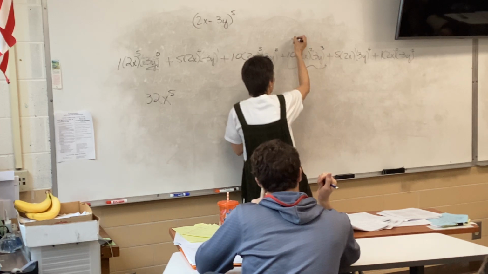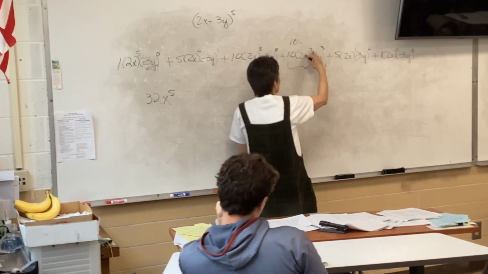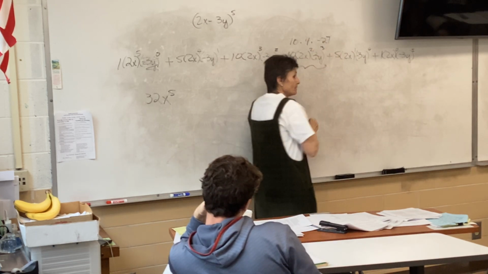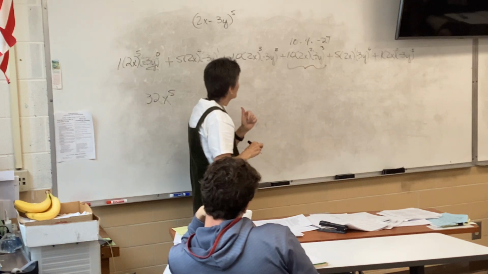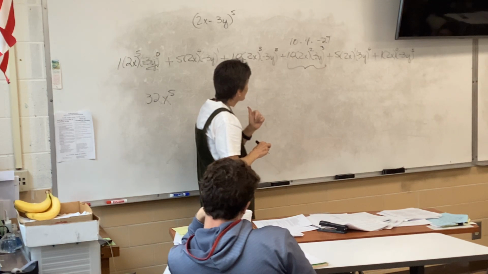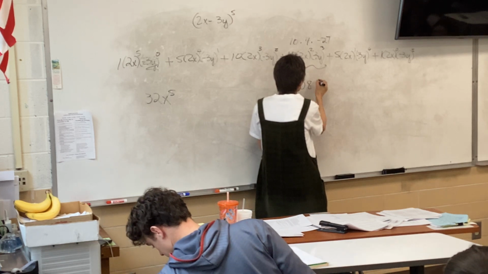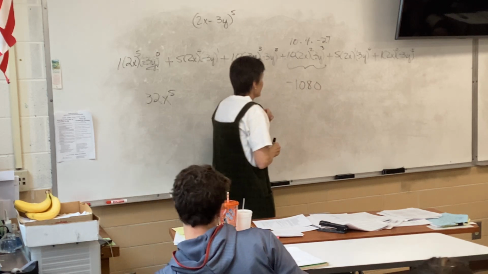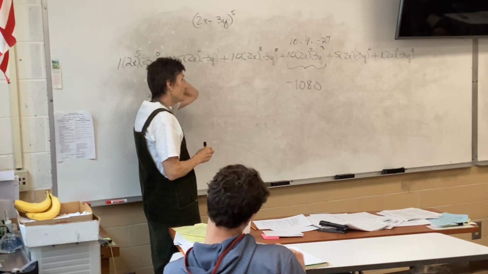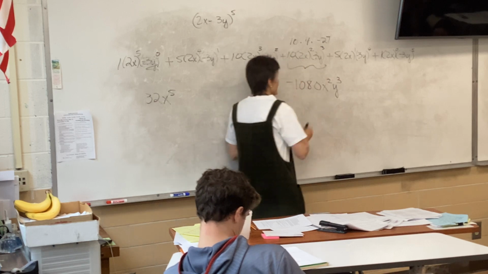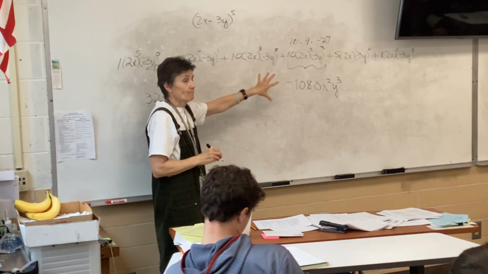So I am multiplying 10 times 4 times negative 27. What is that? Negative, was that right? Negative 1080. And then I would have x squared y cubed. So that is that term.